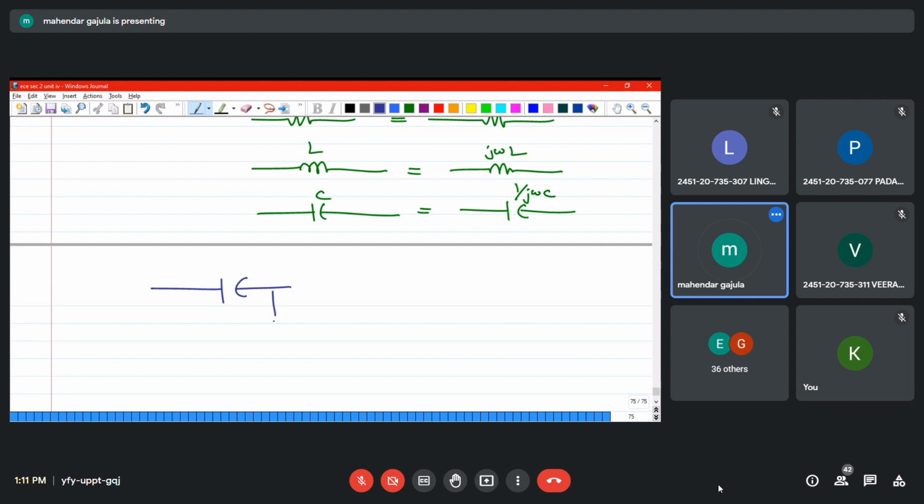Capacitor, resistor. Now we are drawing this circuit in the frequency domain. The capacitor is written as 1 by j omega C. Resistor itself is R only. Now, apply the voltage division rule.